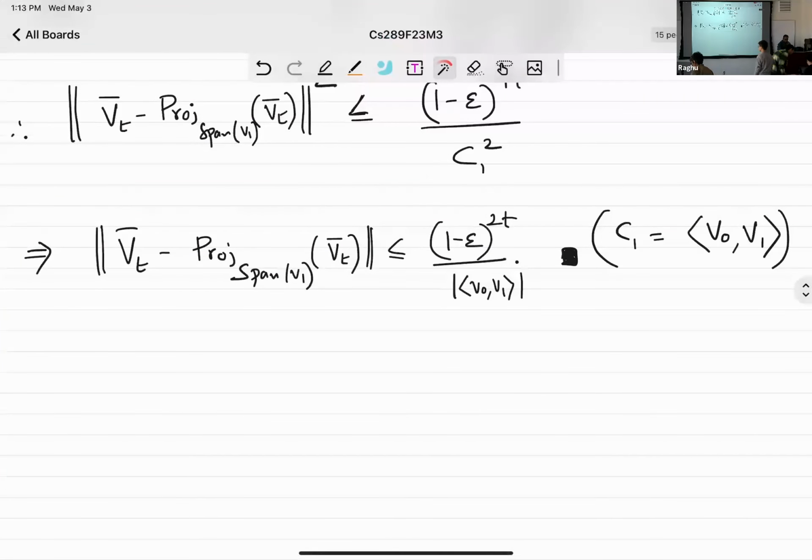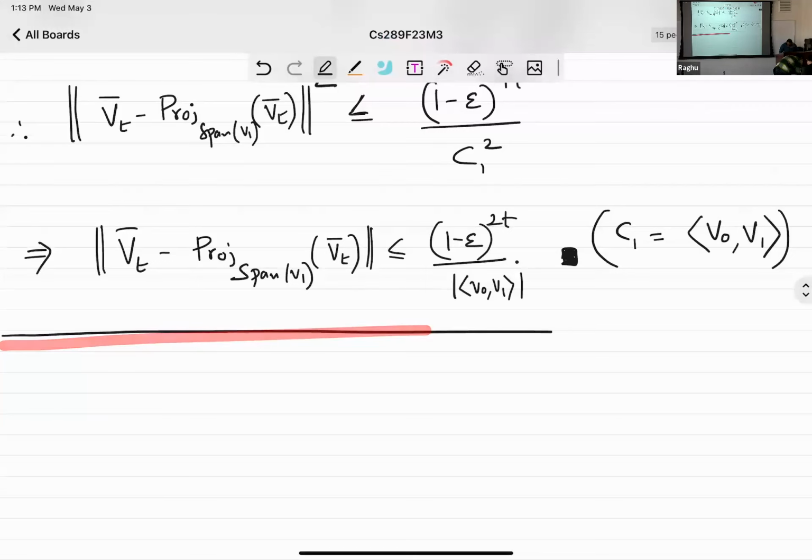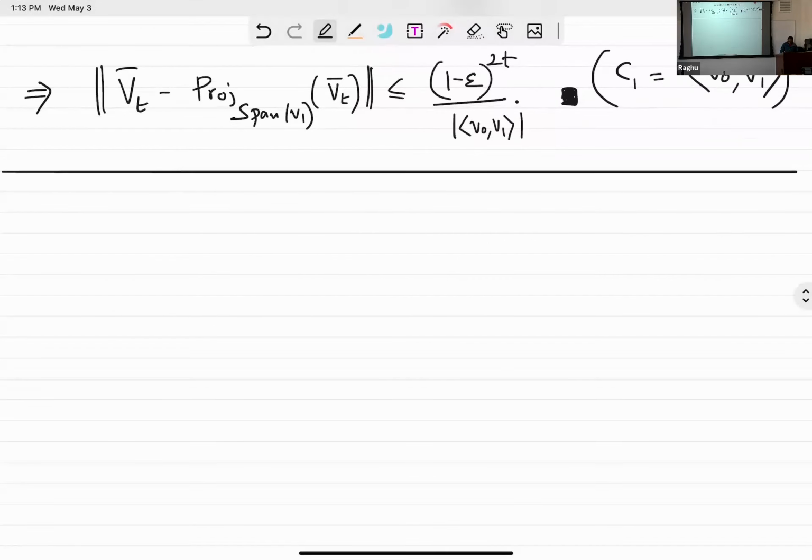Okay. So what we've done so far is compute the first singular vector, right? But before going to other singular vectors, let me say some further nice things about power iteration. Now imagine the following scenario.